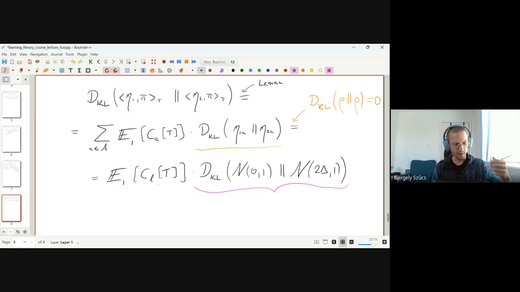But that's intentional too, because we picked L in a way that was dependent on the first bandit in particular. The thing we're going to use is that this was bounded above by T over A minus 1. So yeah, that asymmetry is there, and it's useful in our case.